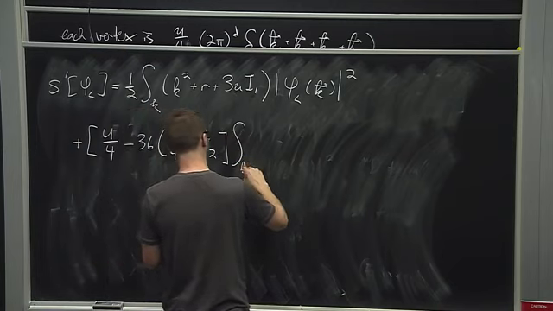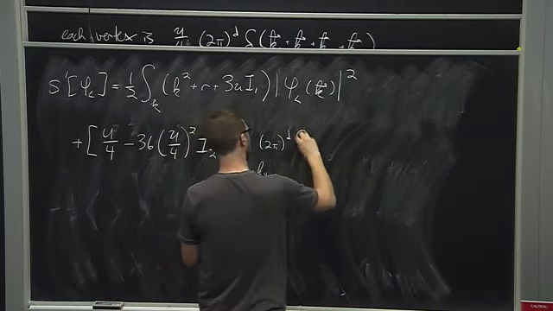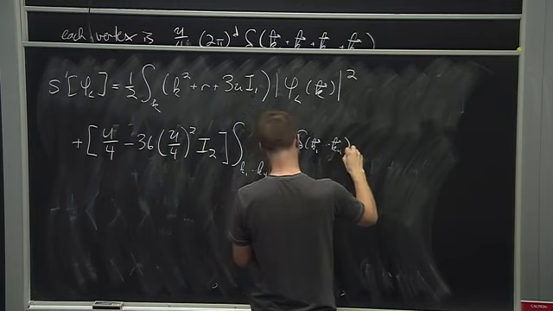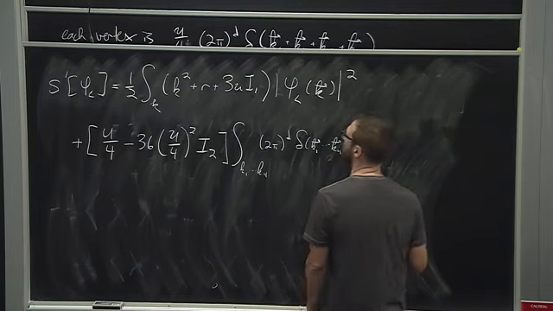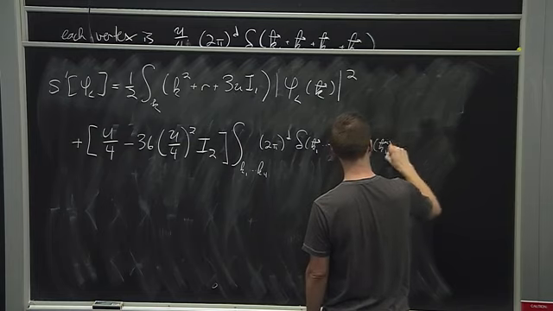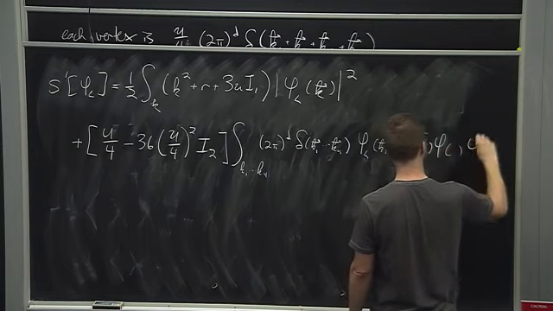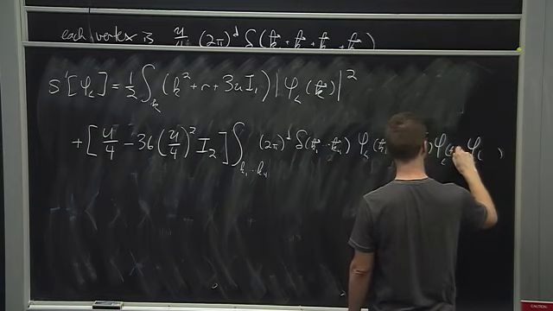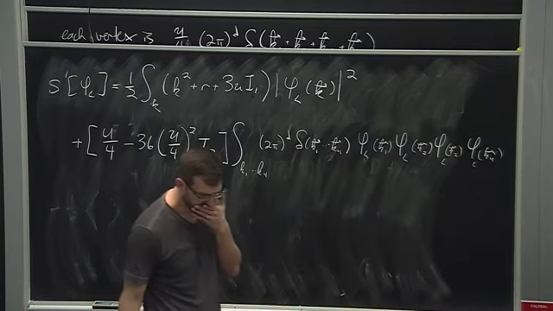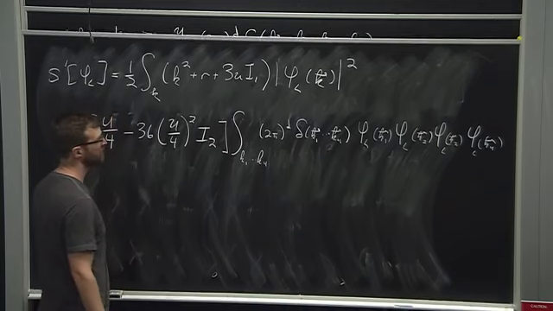And this is 4 slow fields. Is that everything? I believe so.